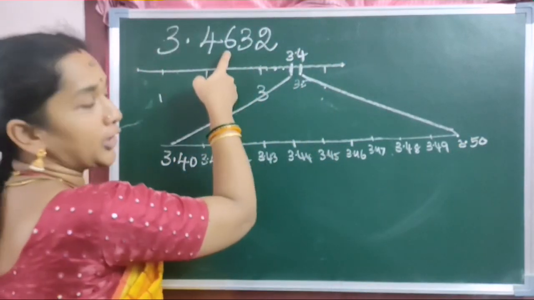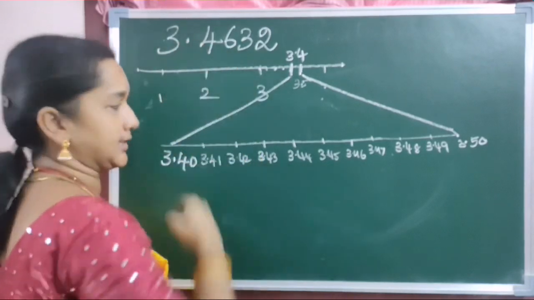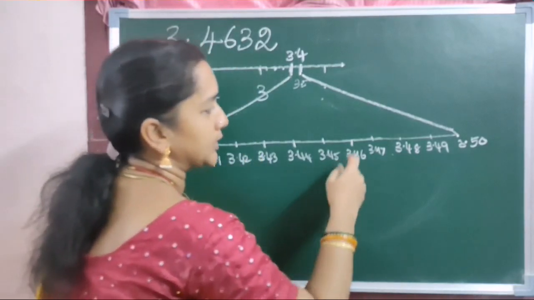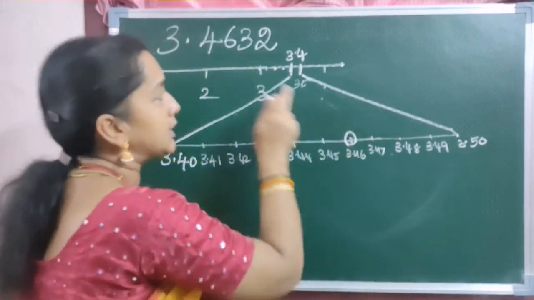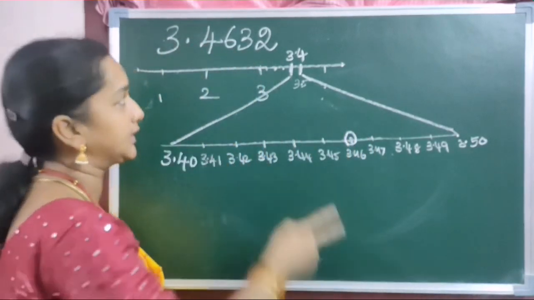So the next point is 3.46. So where is 3.46? Here is our 3.46. But they didn't ask you to represent this number either.